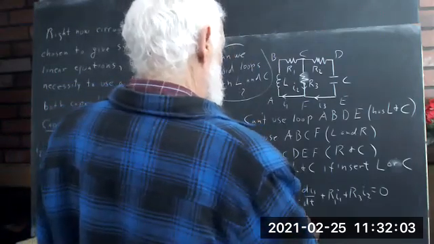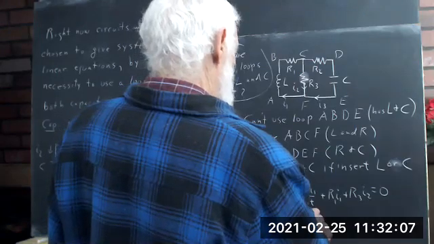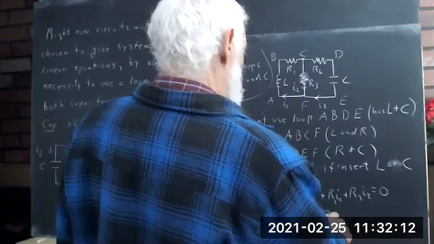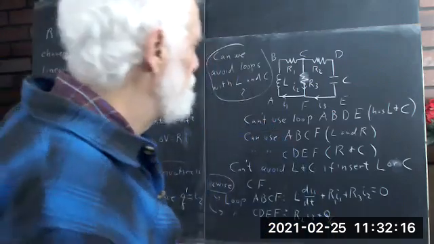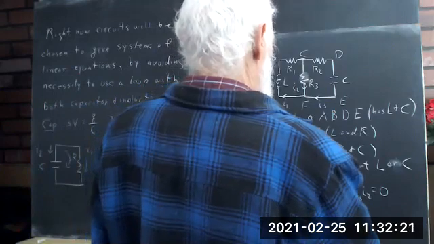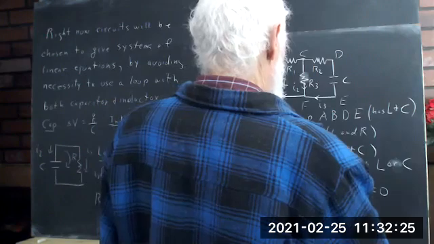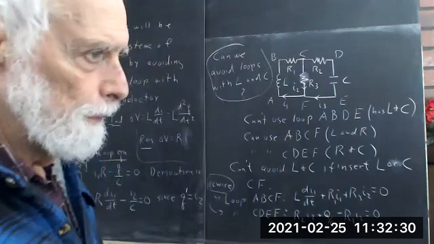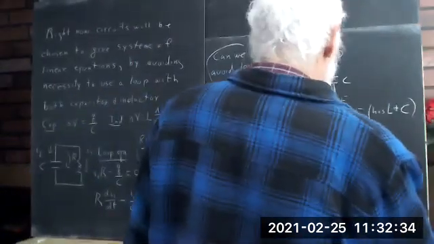So I want to say that R2 I3 plus Q over C minus R3 I2 equals 0.